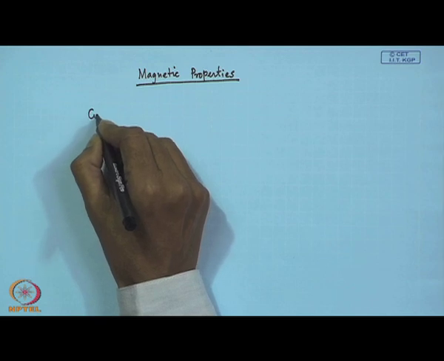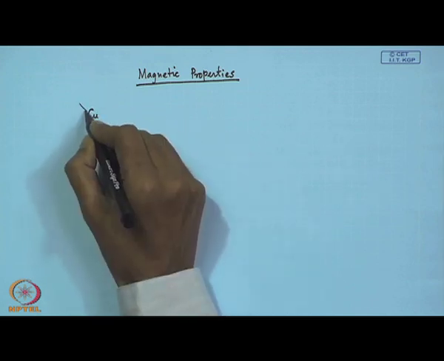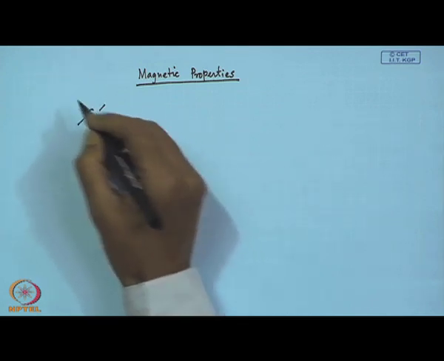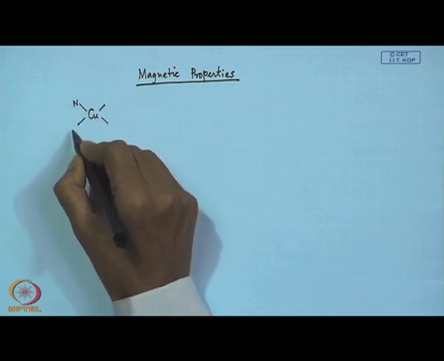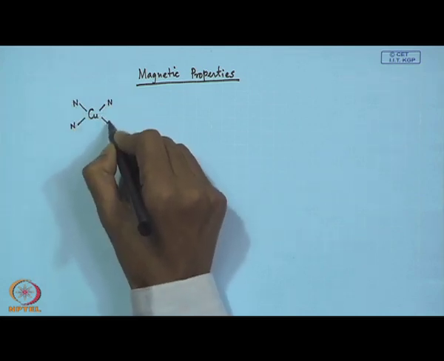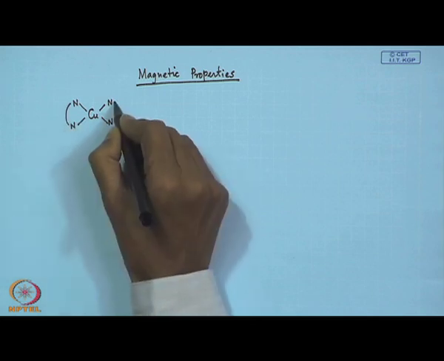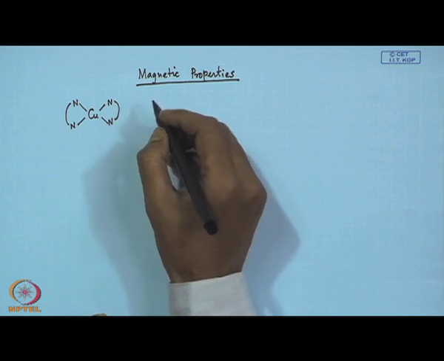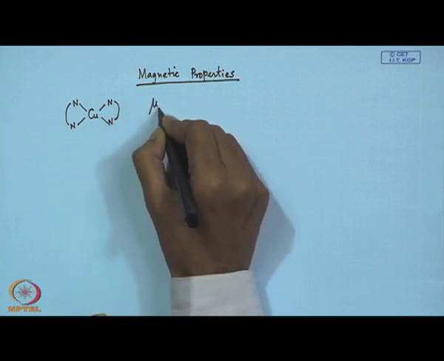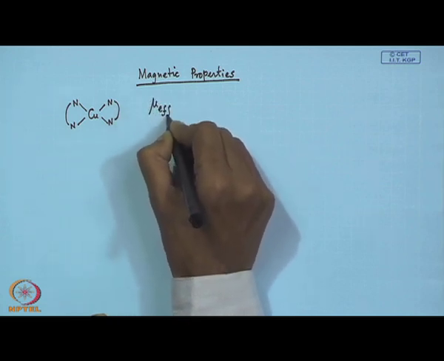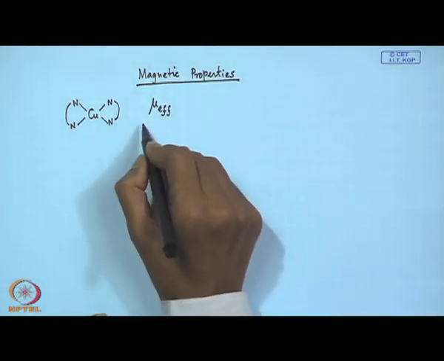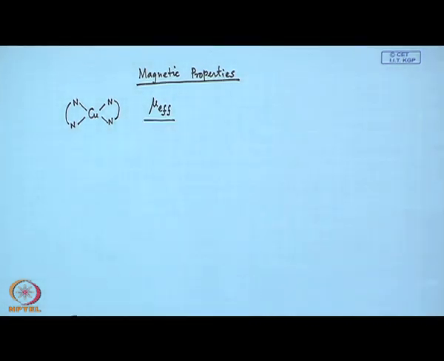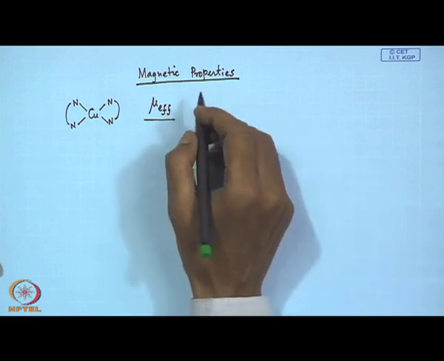So, if we have a very simple copper compound in the environment of some ligand, and if we try to find out both theoretically as well as experimentally the corresponding mu effective values, how can we determine these mu effective values for simple mononuclear paramagnetic compounds?